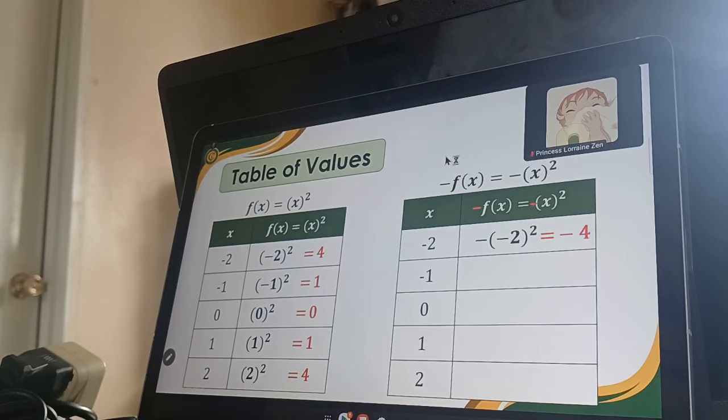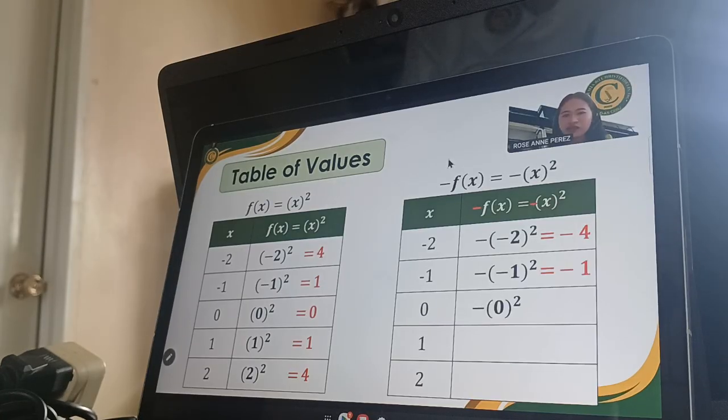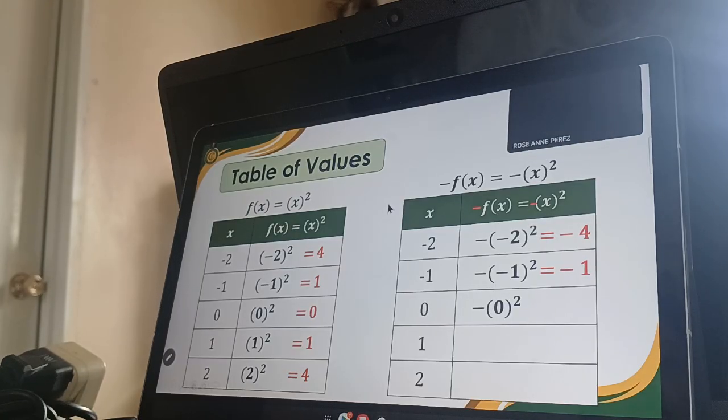Very good. And then how about if x is 0? You will have negative times the quantity of 0. Zero. Take note, 0 is a neutral number, so we do not make it negative 0 here. The answer is 0.